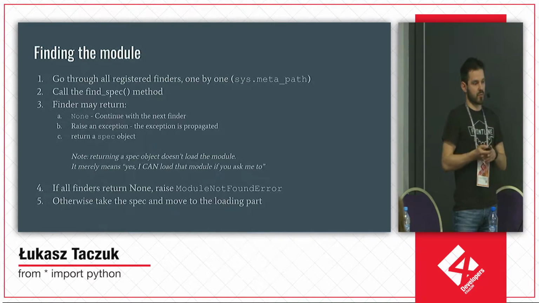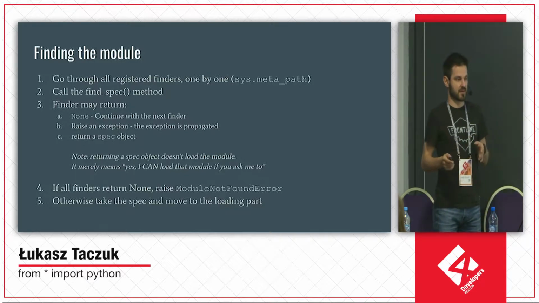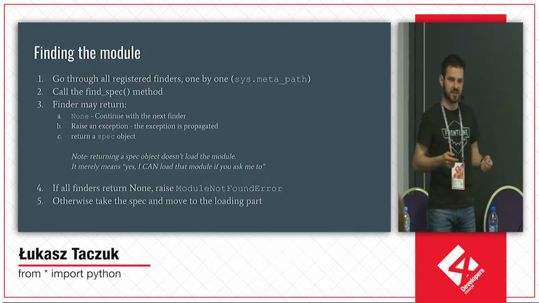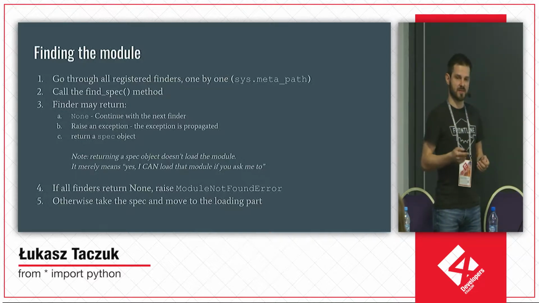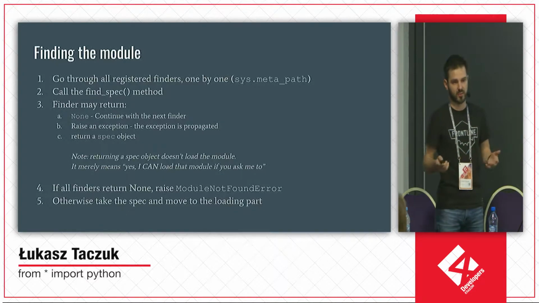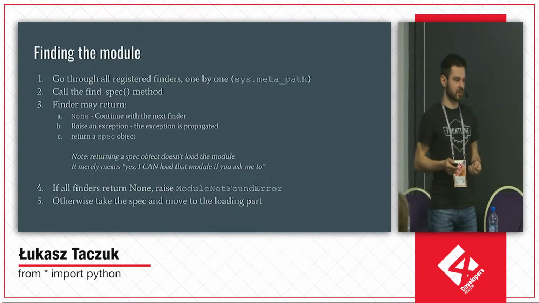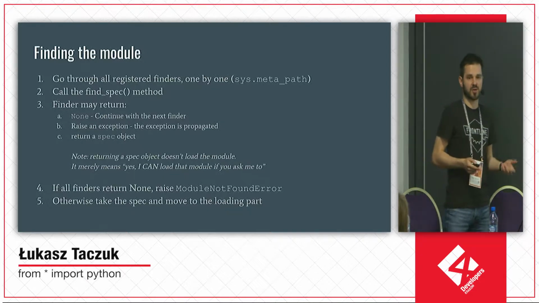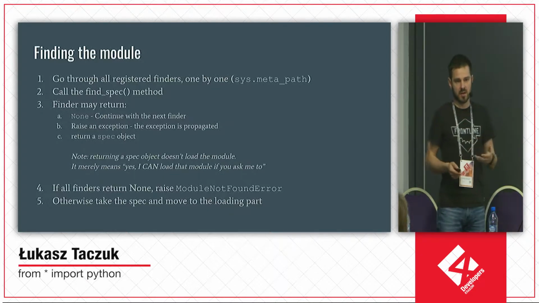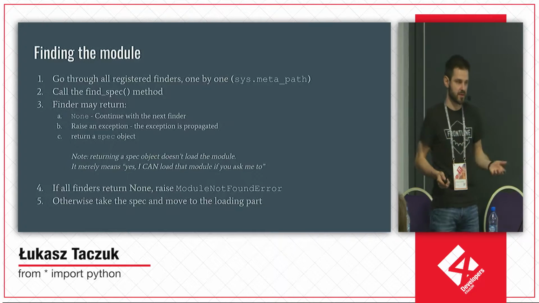So as I said, we go through the sys.meta_path list that contains all the finders. We call the find_spec method of each finder with the right arguments. One of them will be the canonical name of the module. That finder may return None. If it returns None, it means I don't know this kind of module, so let's try with another finder.